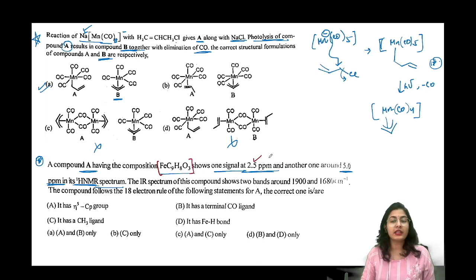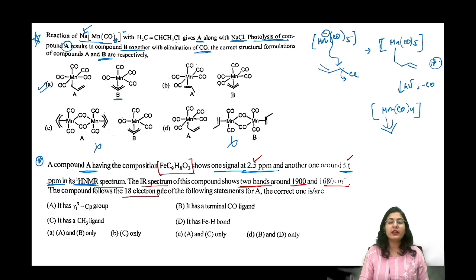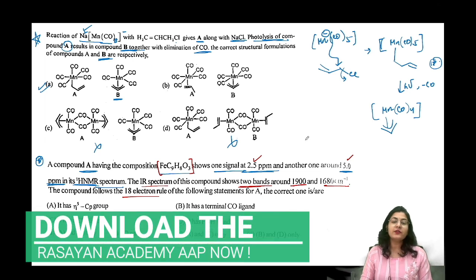One signal it is showing at this and another at this in the proton NMR spectrum. The IR spectrum of this compound shows 2 bands, one at this, another at this. So it also follows 18 electron rule. 3 conditions are given. Okay, so you just have to find the correct structure first. If you find the correct structure, then you can tell which ligand is bonded. So just try this out guys, it's very simple.